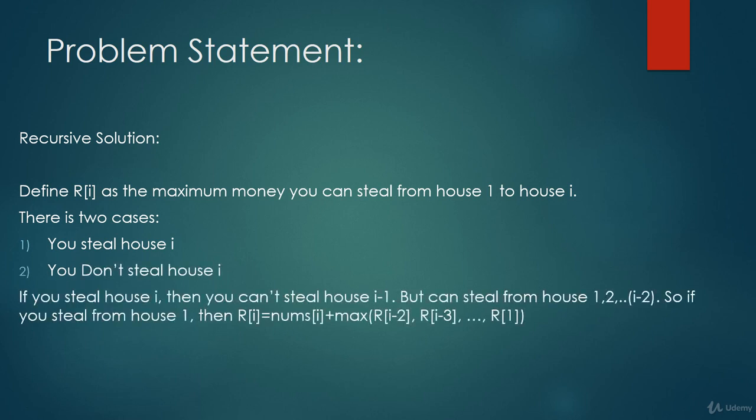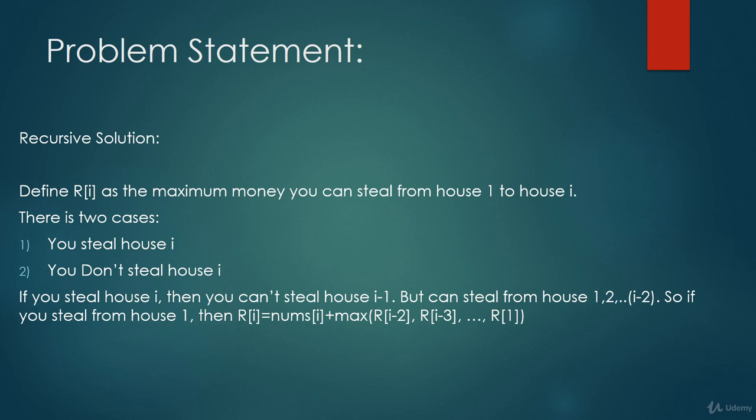What happens if you steal house I? Then you can't steal house I minus 1, because if you steal house I minus 1, then the police is alerted. But you can steal from houses 1 all the way to I minus 2. These are okay to steal from.